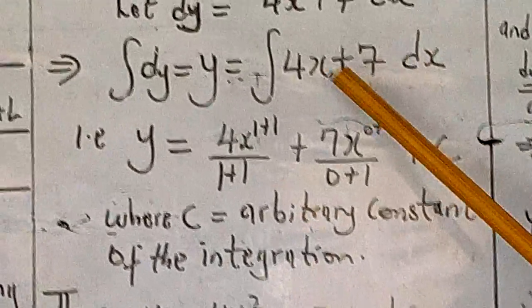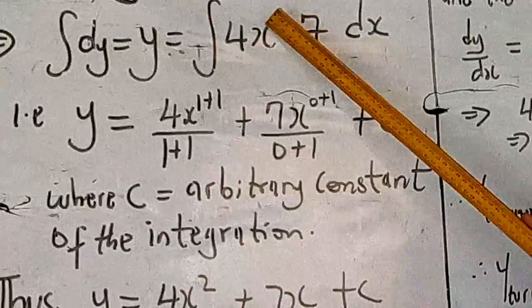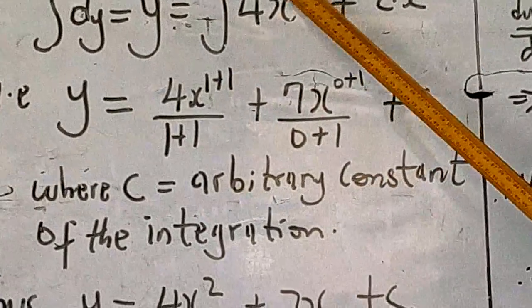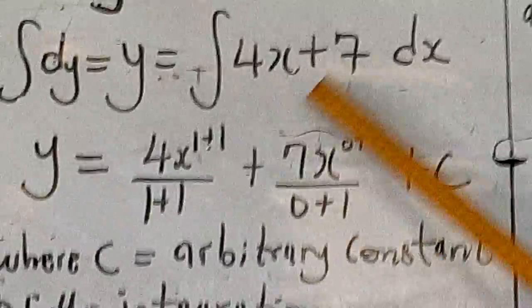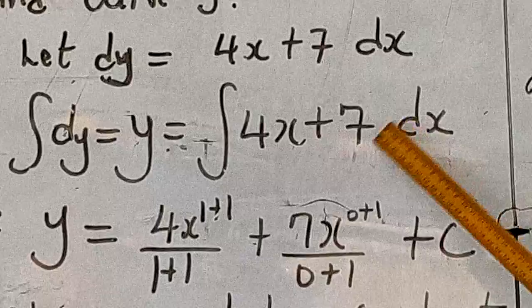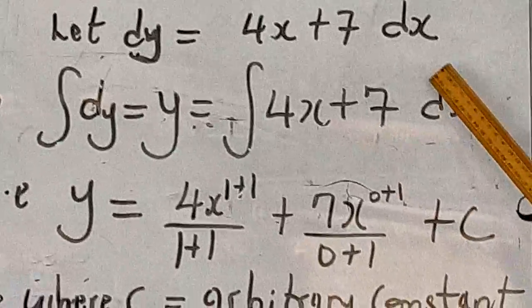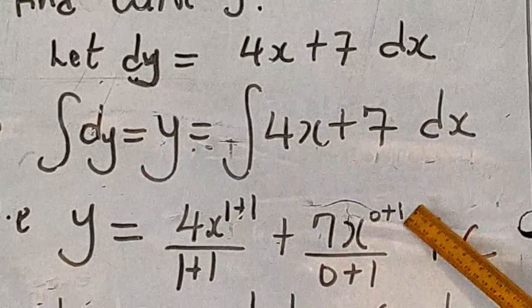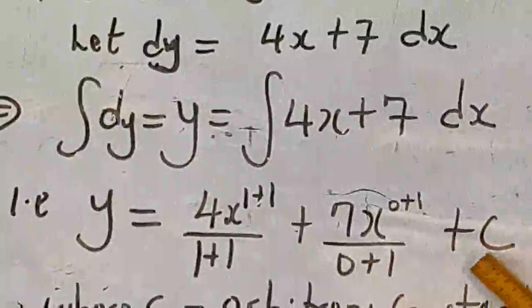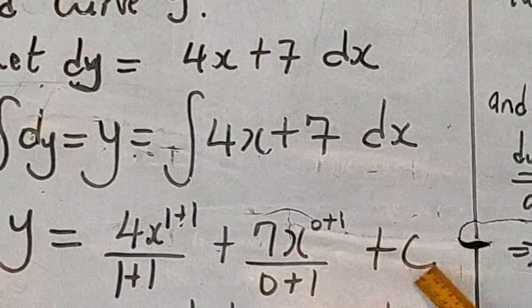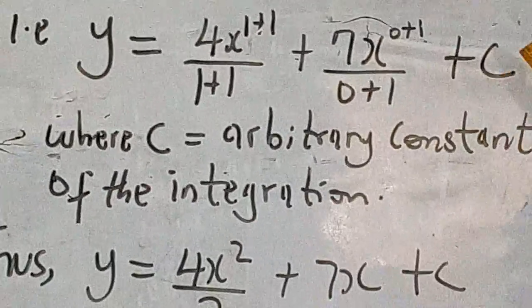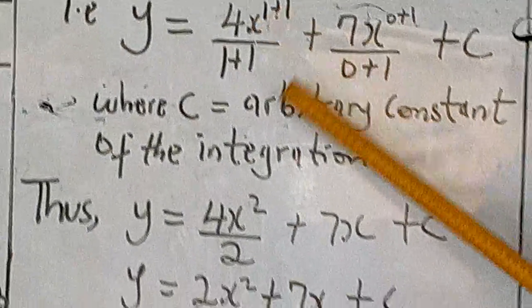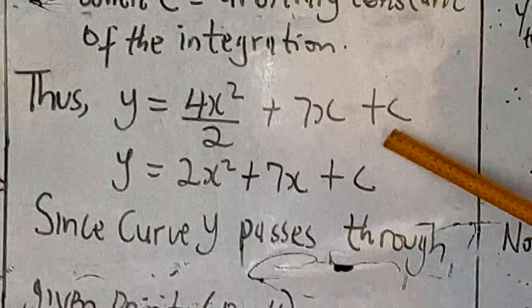We add 1 again, so our result is 0 + 1, and we divide with it. Then we add a constant term, c, called the arbitrary constant, which we need to find. Adding this together, our y is 2x² + 7x + c.